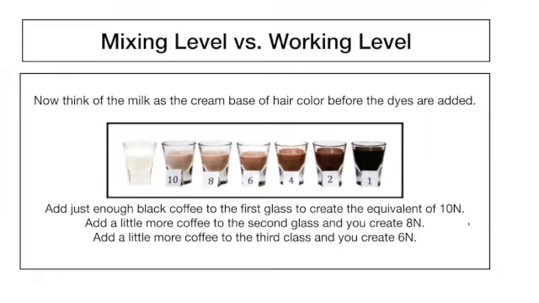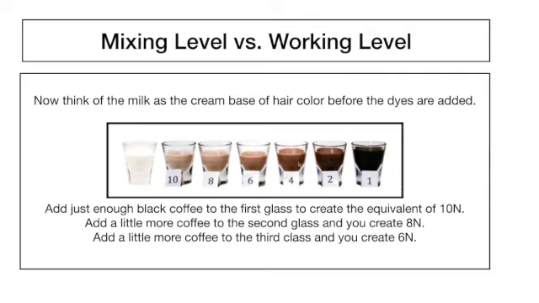Now, think of milk as a tube of hair color. And the way that we create all the different levels from black to lightest blonde is we could start with black. We add a little bit of milk to the black and it becomes dark brown.